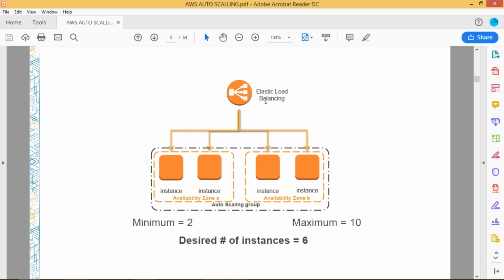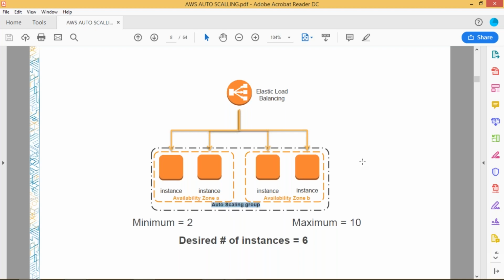So this is the same thing we are talking about, the elastic load balancer, with traffic coming from the outside. When we're talking about the elastic load balancer, the traffic can come from outside and inside, but most probably we go for the traffic coming from the outside, and then the instances are there, and we have to map all those instances into the same availability group.